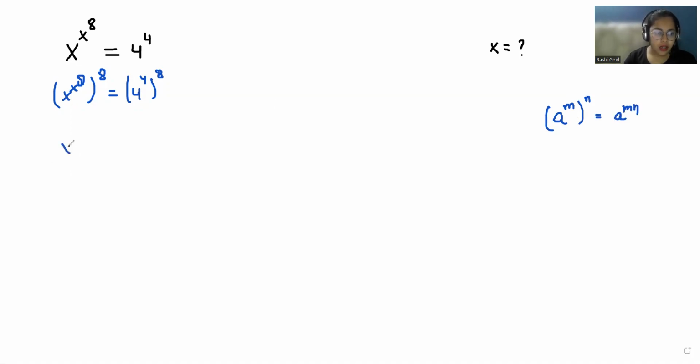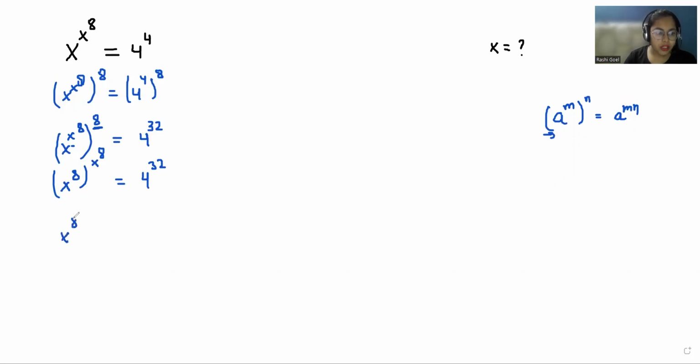We can write the right hand side as 4 power 32. And here again we are going to use this rule of exponent, and we can write (x power 8) power 8 is equal to 4 power 32.